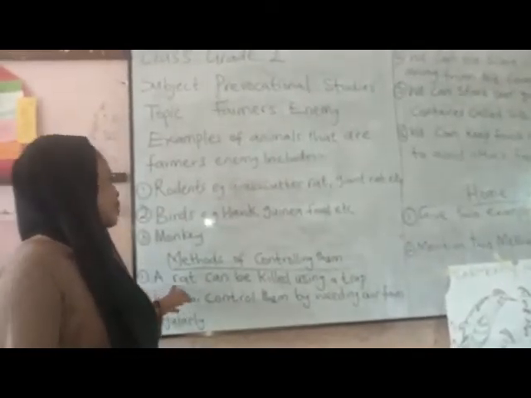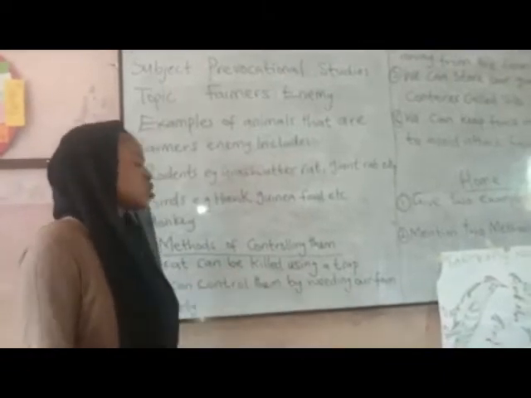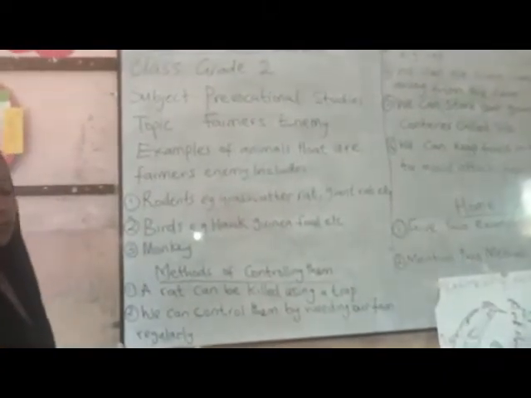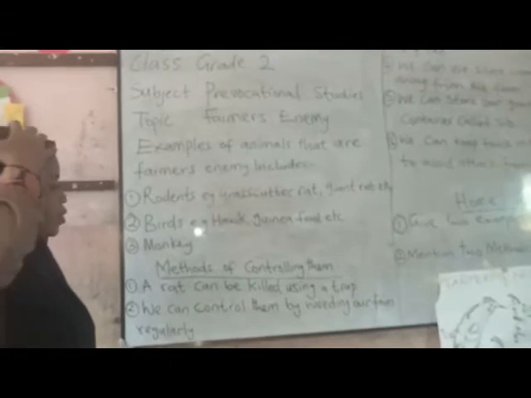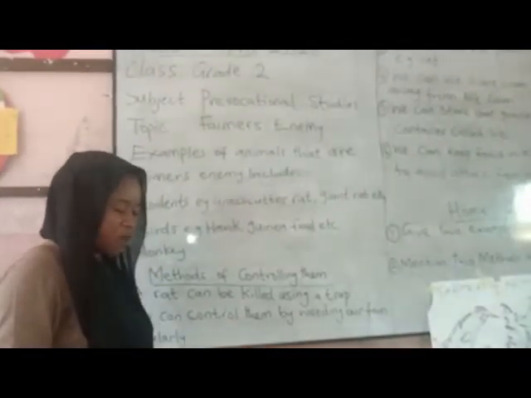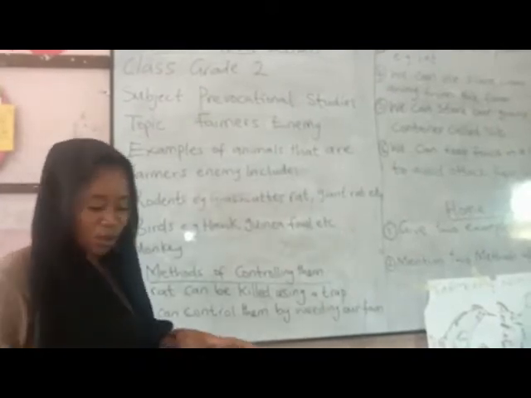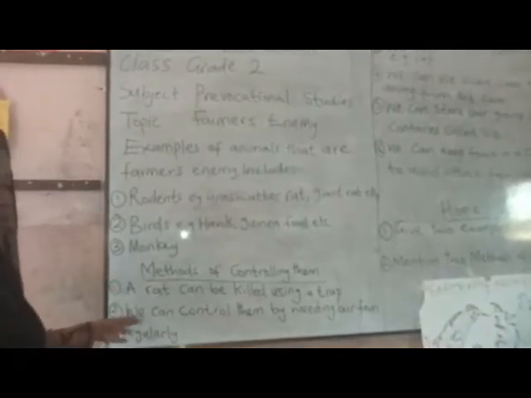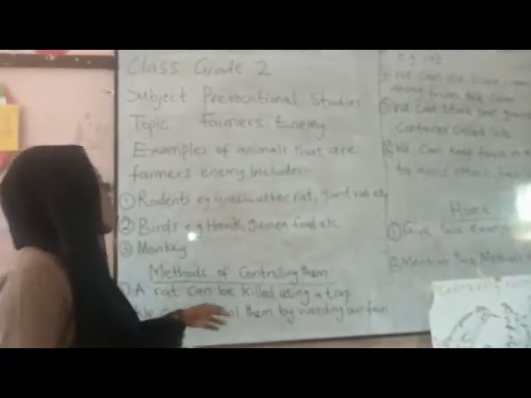Number one, a rat can be killed using a trap. Do we know trap? You can set trap on the farm in a corner where you know that the rat normally pass through, so that when the rat is coming to eat the things in the farm, the trap can hold the rat.